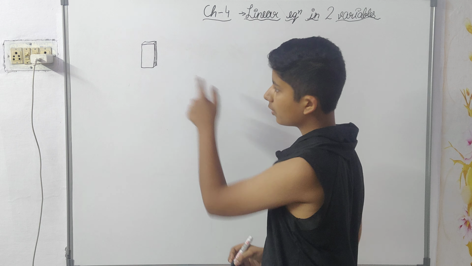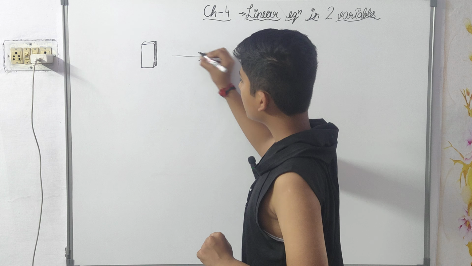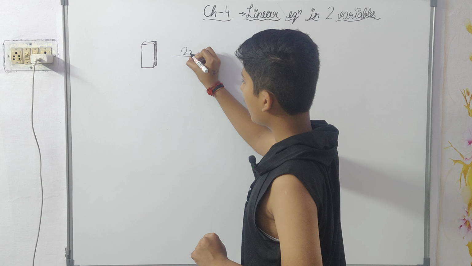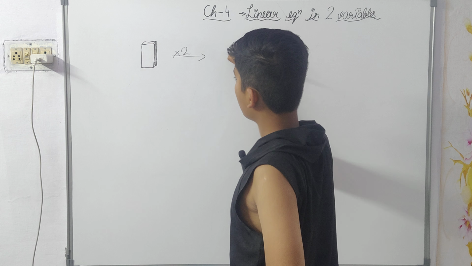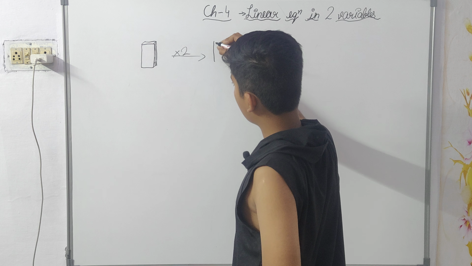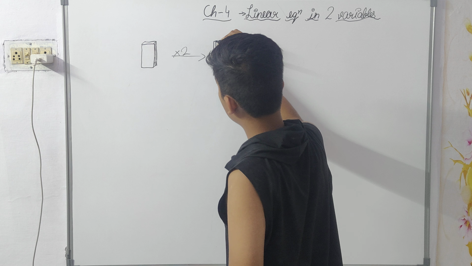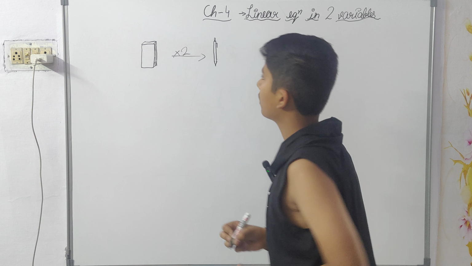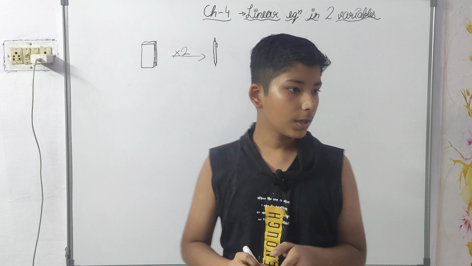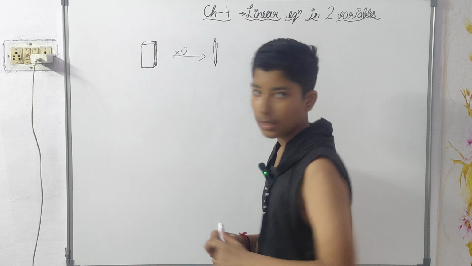Okay, so this is a notebook and its cost is two times that of a single pen. Let this be the pen, this is a pen. Okay, twice the pen. So let's see.